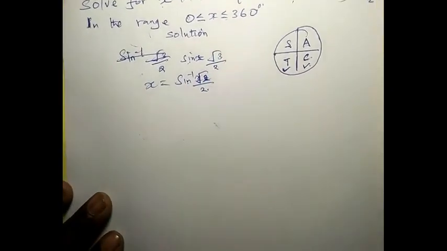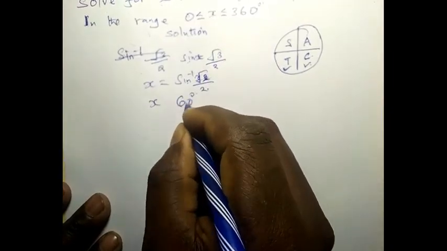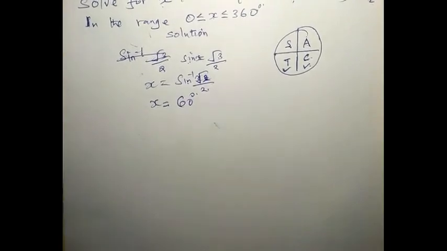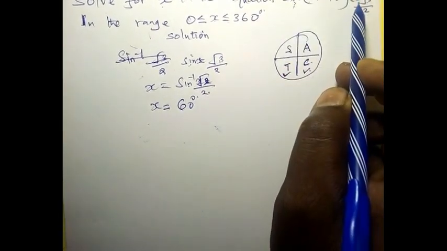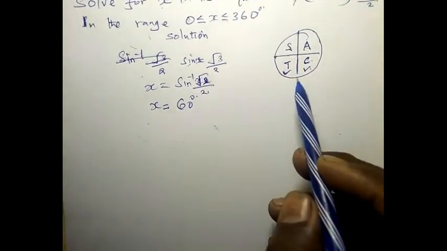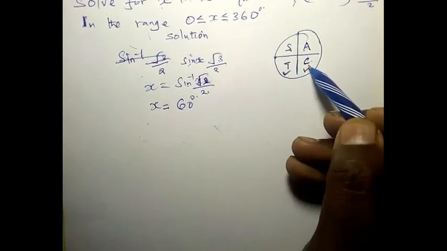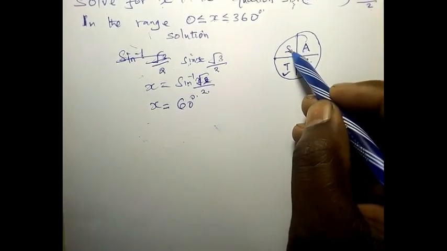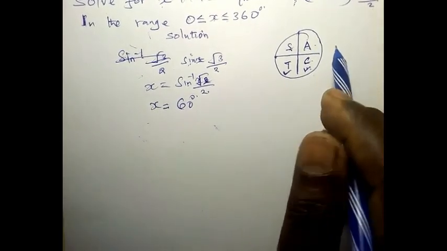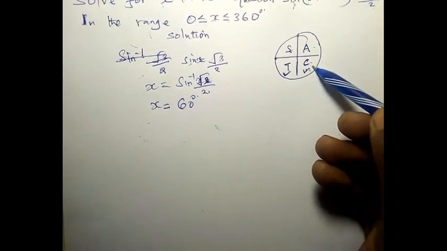You use your calculator and you will find x is 60 degrees. Now, since our sine was negative, the angles that we want lie in the third and the fourth quadrants. Because here the sine is positive, that's not what we want. We want when the sine is negative, which is here and here.